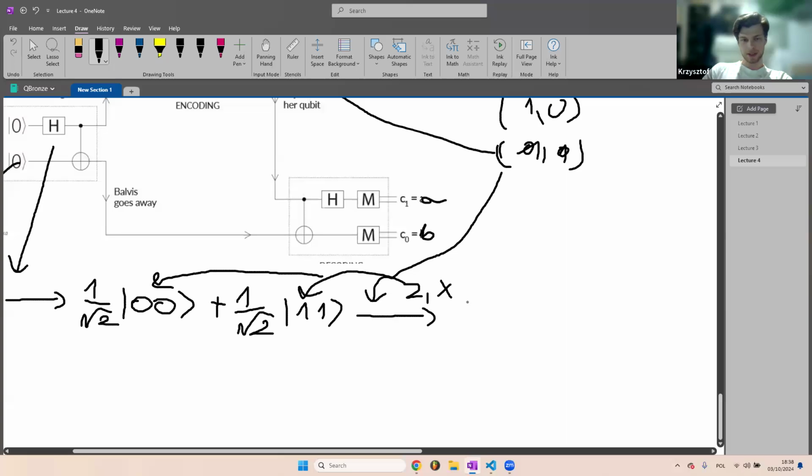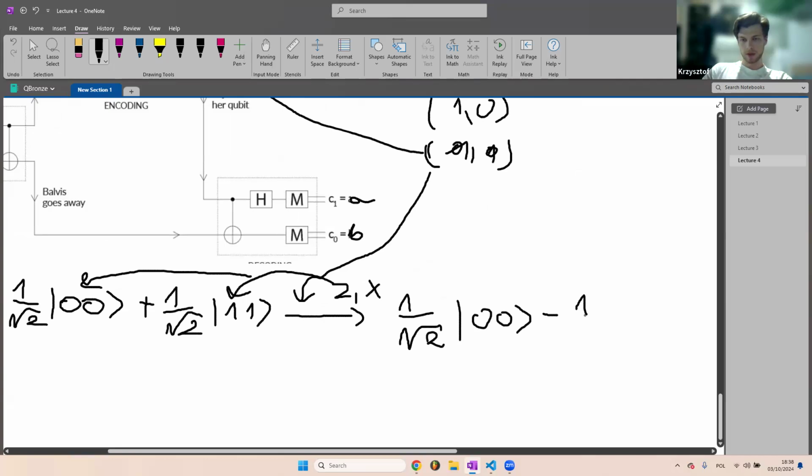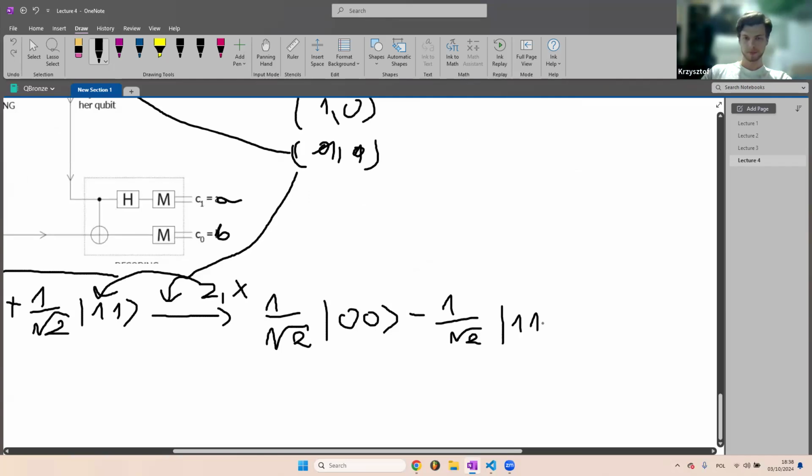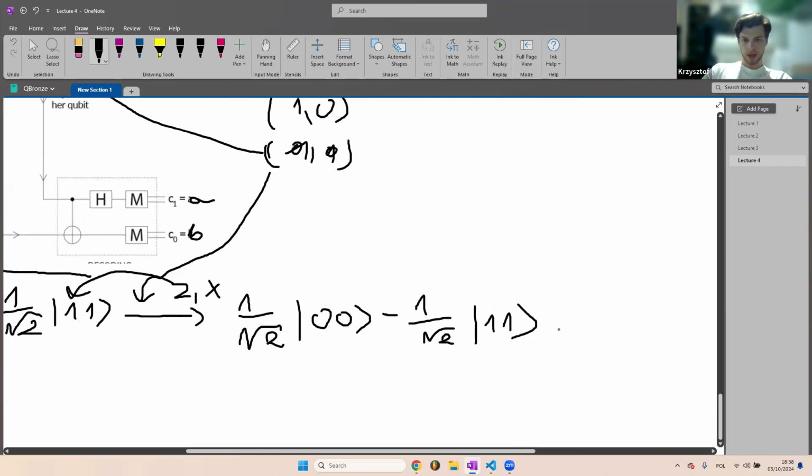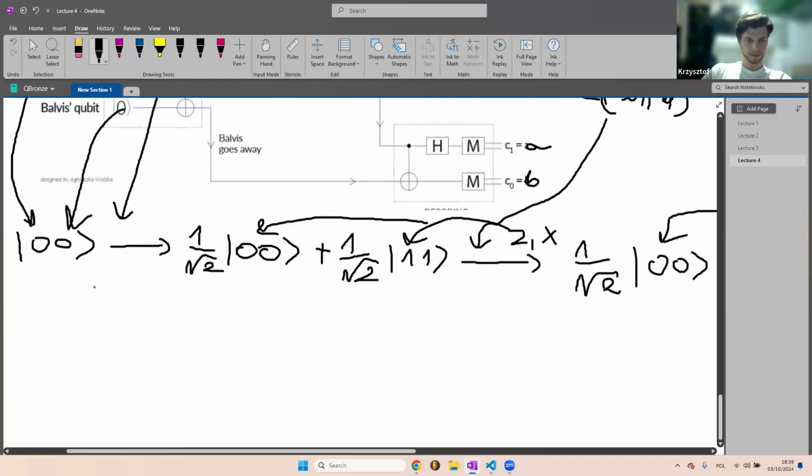So after the first Z, the state of the qubit will become 1 over square root of 2 times 0, 0, minus 1 over square root of 2 times 1, 1. The minus comes from the fact that the Z changes the phase of the first qubit. Okay, so now let's apply the X operator to the first qubit.